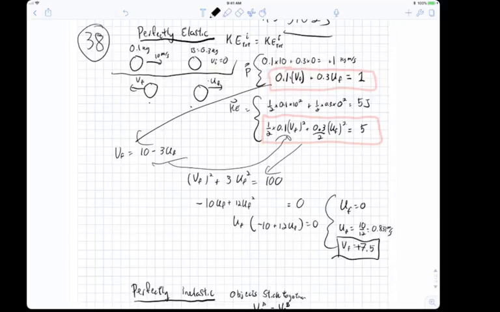Why is it supposed to be a plus? That corresponds to it after the collision. The math says that this one moves that way. That's interesting. Same momentum.